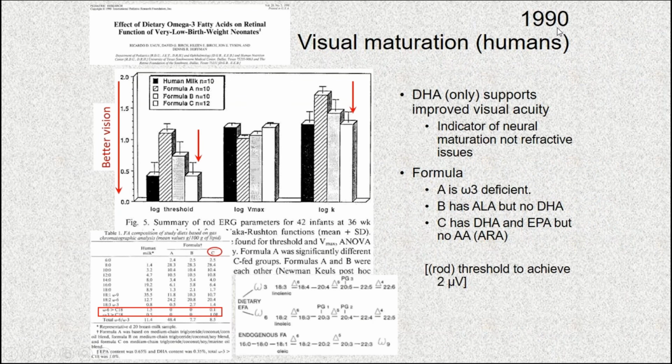Back to humans, now we're in 1990, and this was a very early and very important study. Here it is up here, Ricardo Wawi is the first author, and then there was a group in Dallas, the Birches, Eileen Birch and David Birch, and I think David's on here. No, he's not, just Eileen, and Dennis Hoffman. And this was a study of visual maturation in humans.